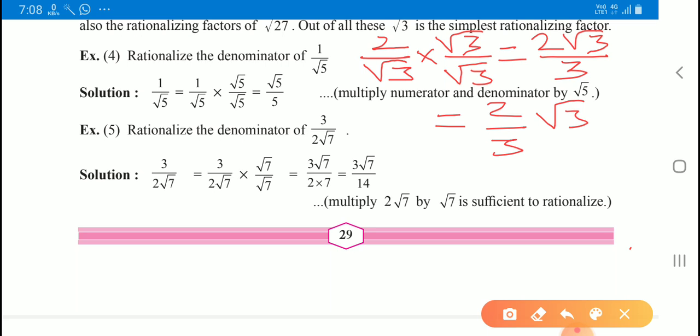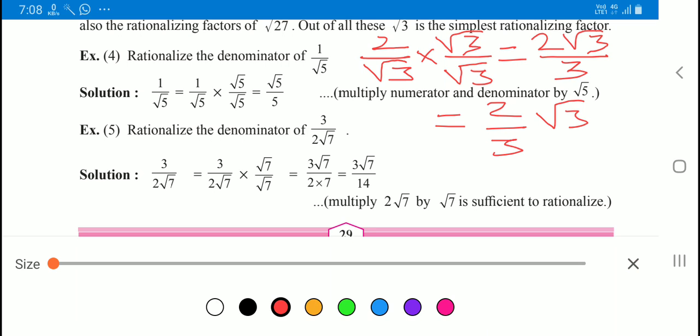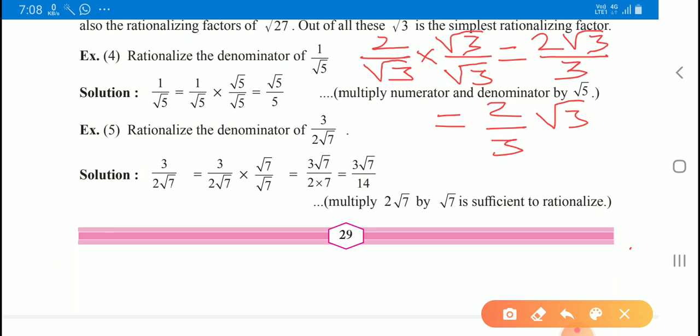Now another example, like example number 5, we'll see here. Now we'll take the values 5 upon 6 root 3. We have to rationalize this.